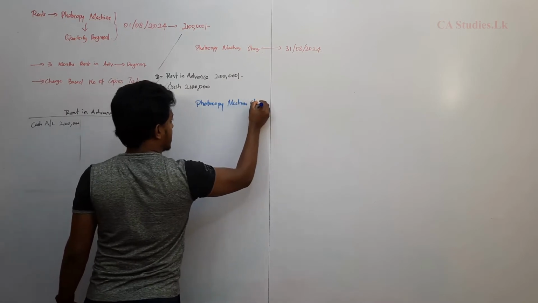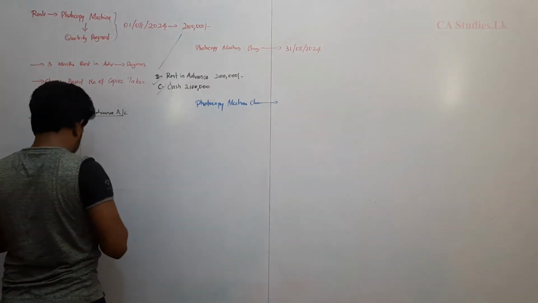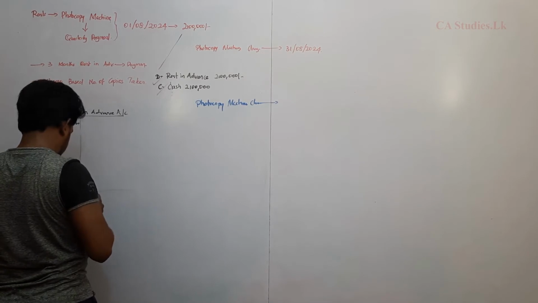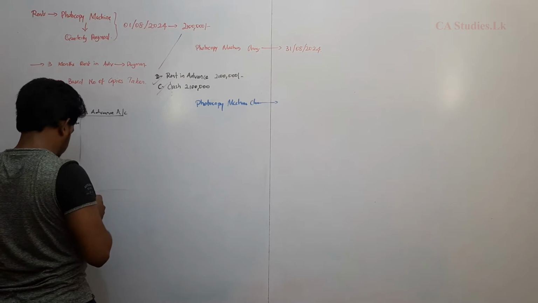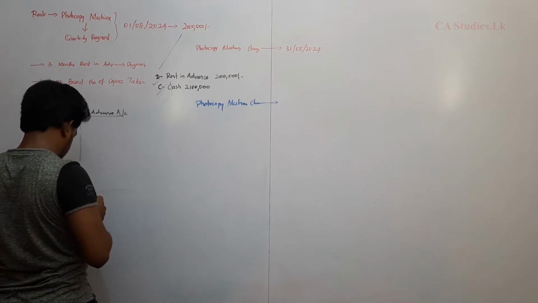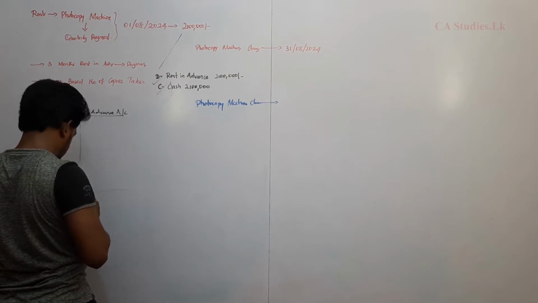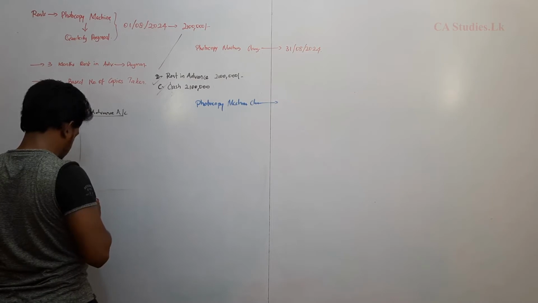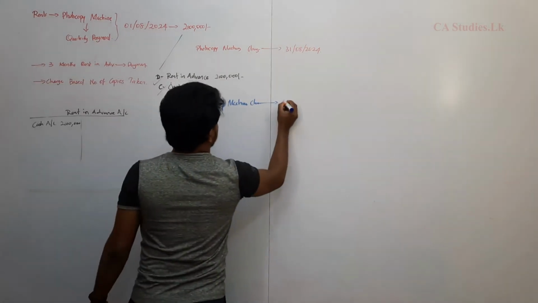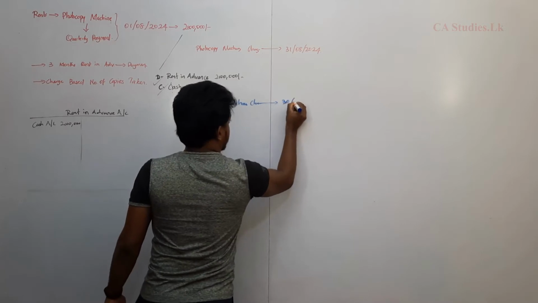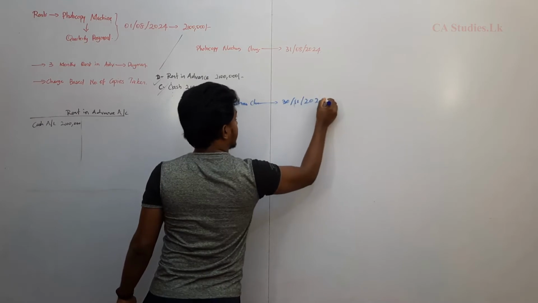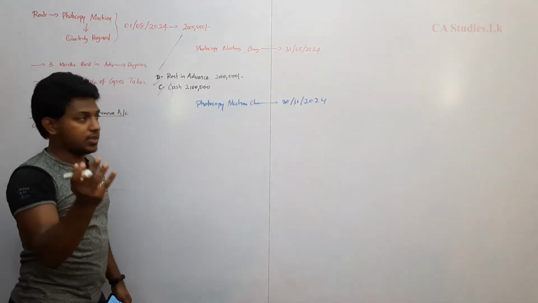That bill is dated 30th November 2024. September, October, November, 3 months bill.